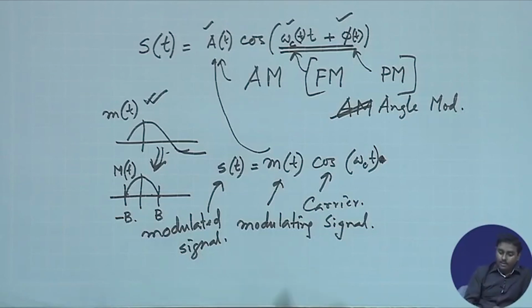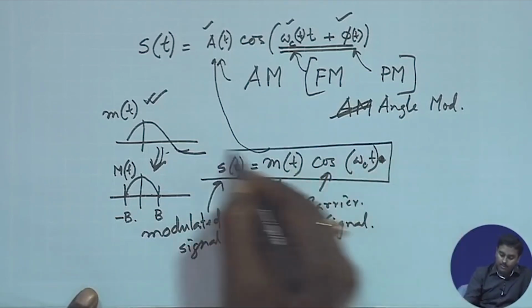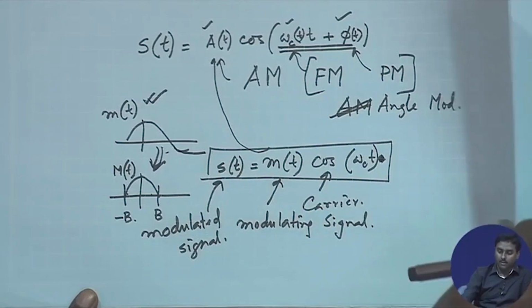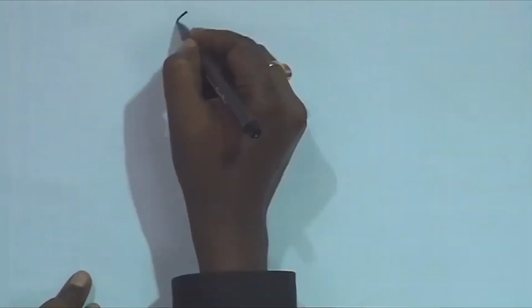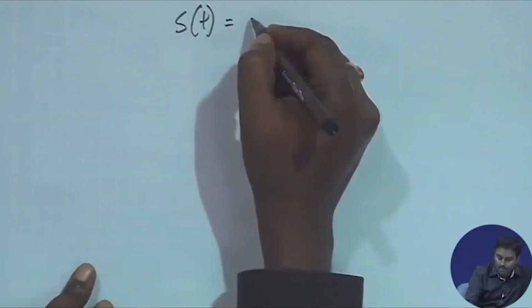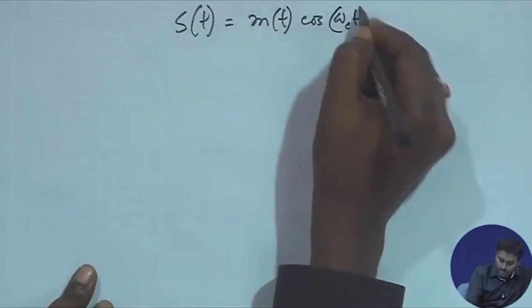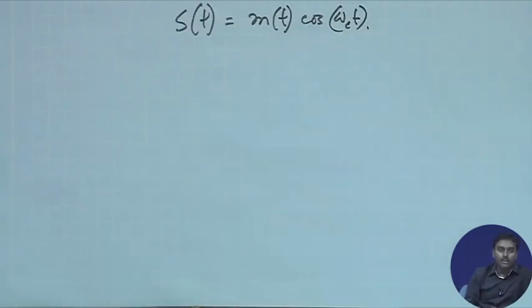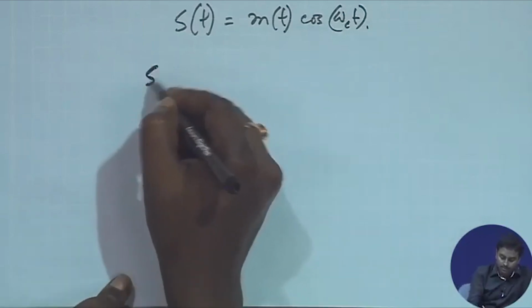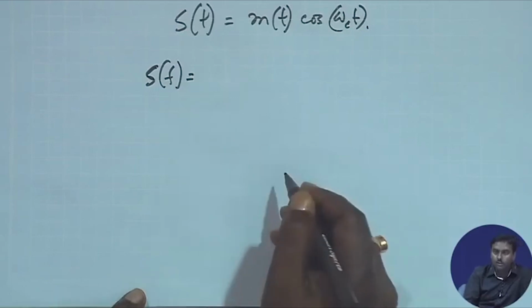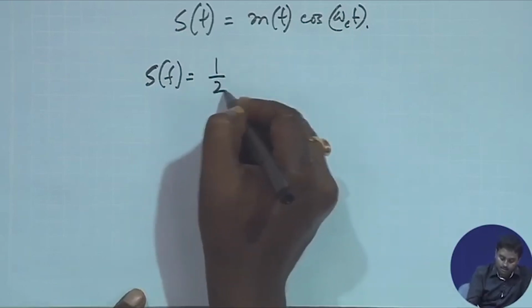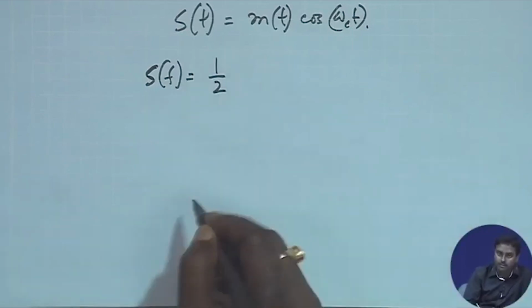As you can now see, we are familiar with this already. If s(t) becomes m(t) cos(omega_c t), immediately if I do the Fourier transform of this, S(f) should be, as we have already derived, the famous frequency shifting property.